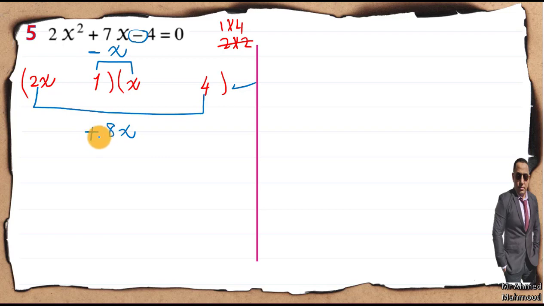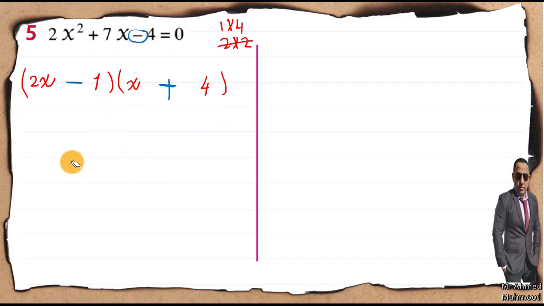The sign of 8 comes from 2 times 4, so the sign of 8 comes from 4. This is positive, and x equals 1 times x, so the negative sign comes from 1, so this is the negative sign.